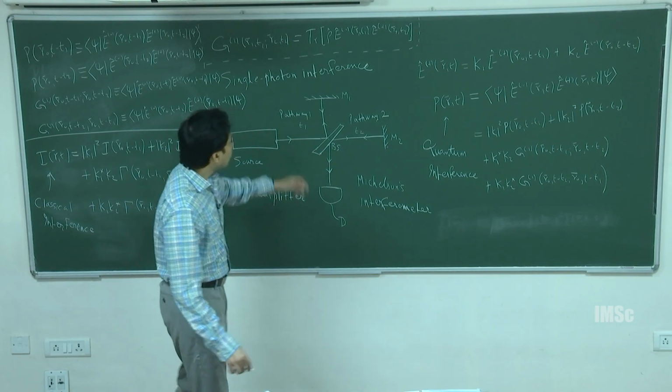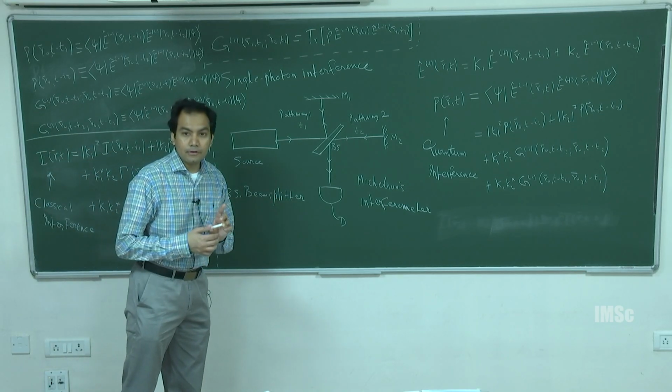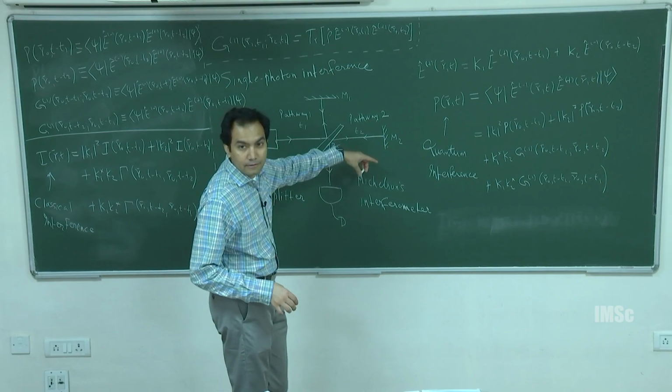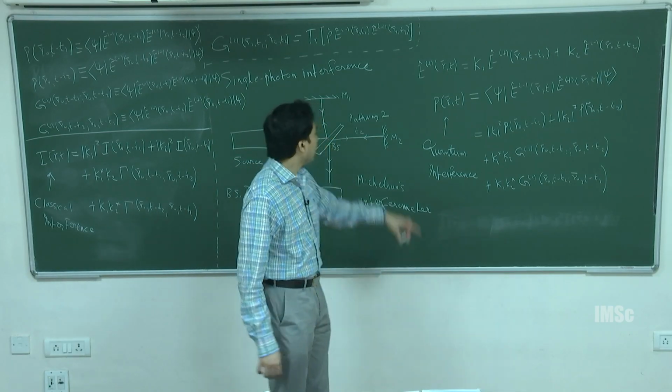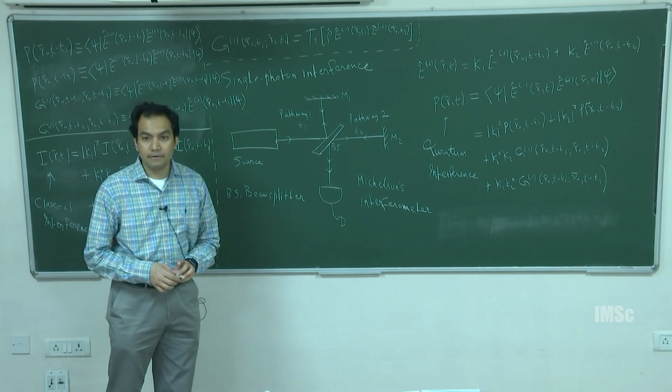So, even to observe single photon interference, it's important to ensure that the difference in the path length is within the coherence length, or T2 minus T1 is less than the coherence time tau sub c.